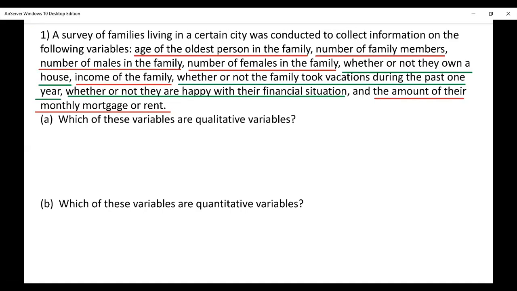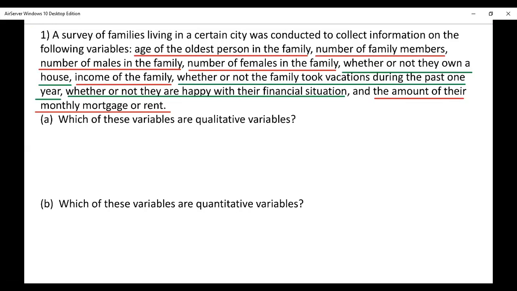Now, quantitative variables, they're connected to numbers. So age of the oldest person, number of family members, number of males, number of females, income of the family, as well as the amount of their monthly mortgage or rent.